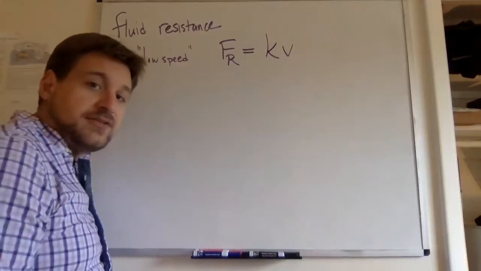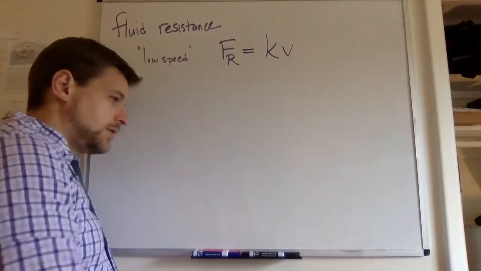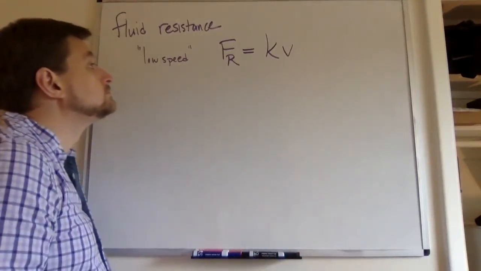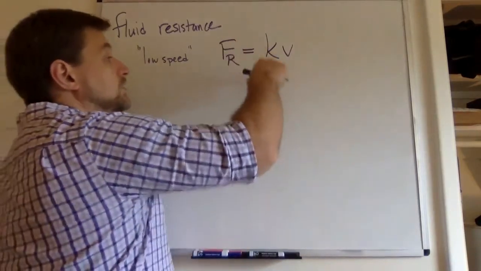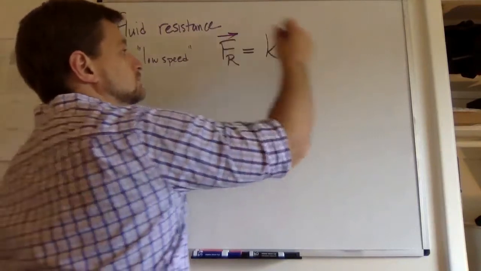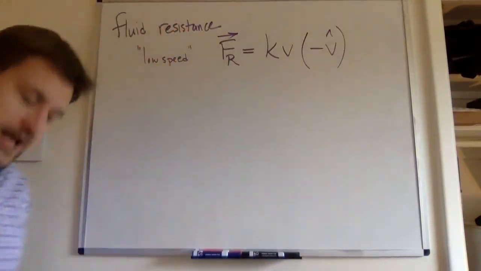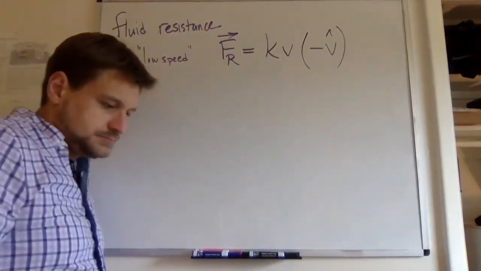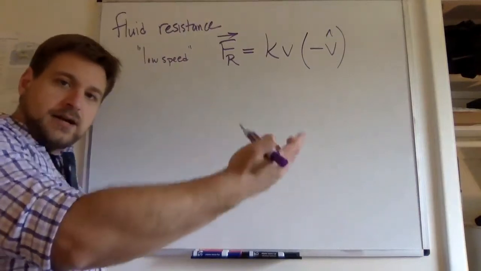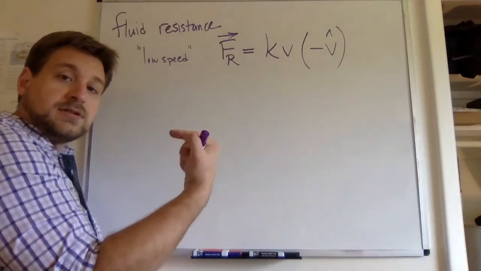K either needs to be something that we can find because we know the other two variables, or something provided to us. In what direction? Because force is a vector. In the direction opposite the direction we're going. If we try to push this way, the air exerts a fluid resistance force in the opposite direction.